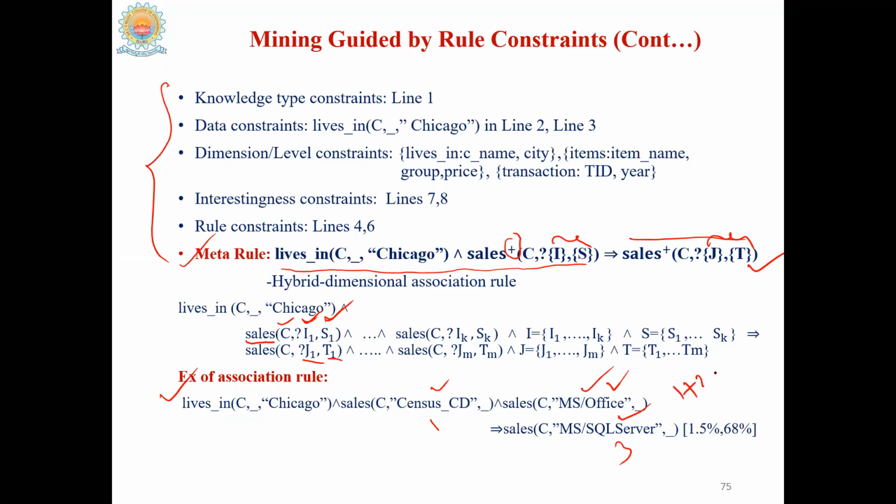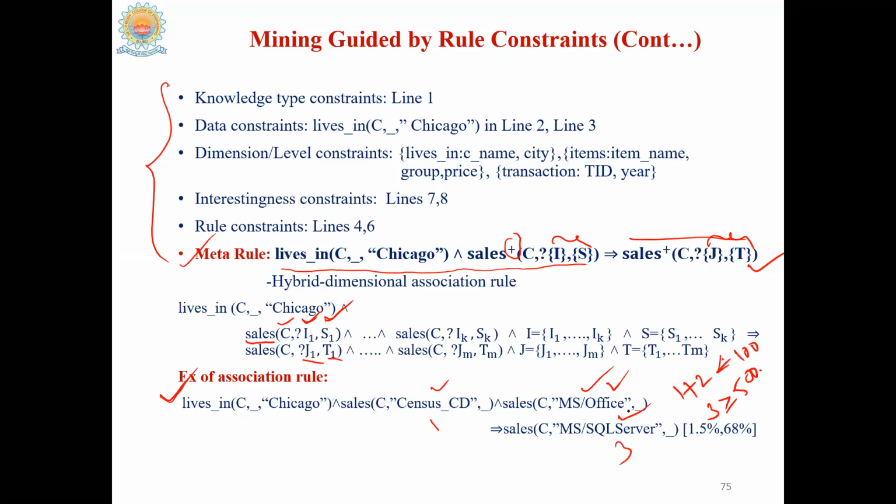The cost of this 1 and 2, we are discussing three items totally, should be less than 100, where the cost of SQL server, the cost of item 3, is greater than or equal to 500. So this is the constraint they have given in our query. By satisfying such constraints, we can mine association rules like this. If you observe the left-hand side of the rule, what are the items present here?